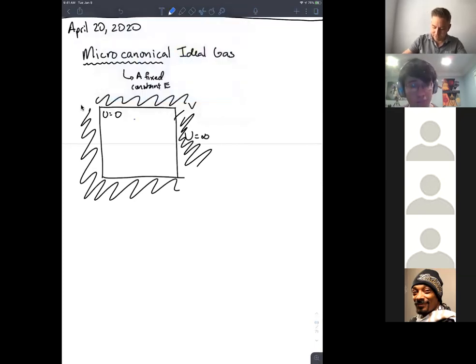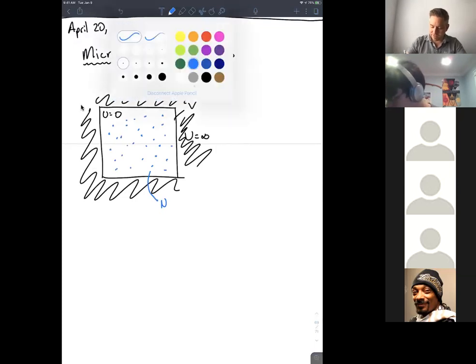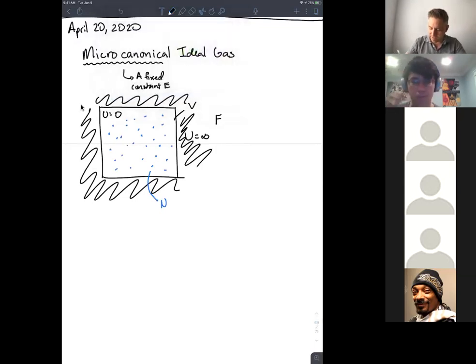Into this box, we put a bunch of molecules. Specifically, we put N molecules into this box. And again, they're all at some fixed energy E, which, as we'll show soon, is directly related to the temperature of the gas.